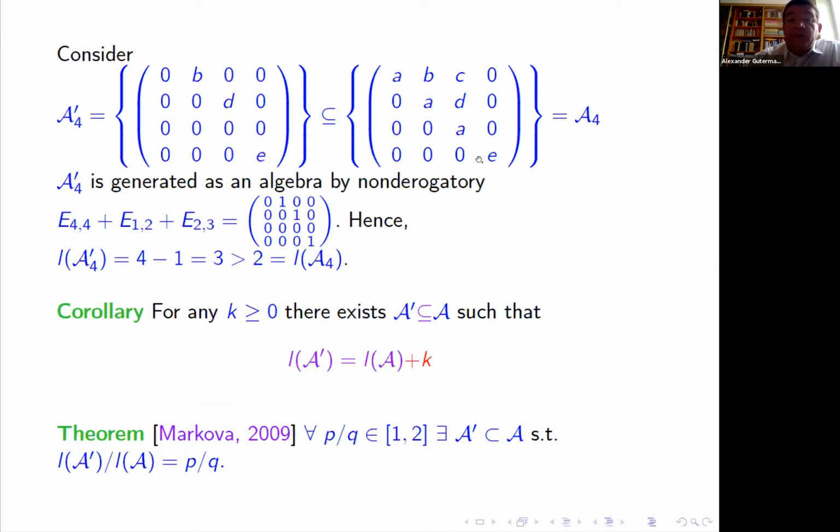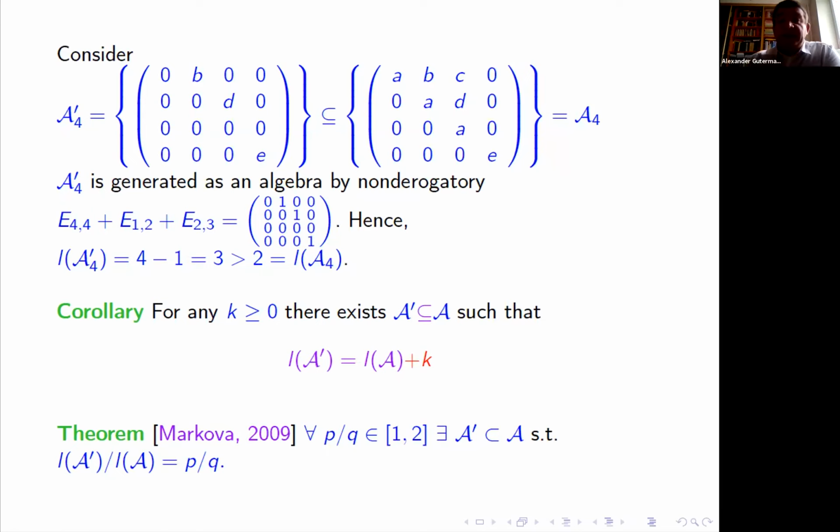So this is a non-derogatory matrix in this form, and that is why the length is dimension minus 1, which is 3 and greater than the length of the original algebra.